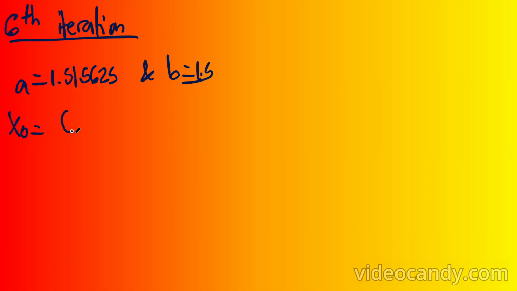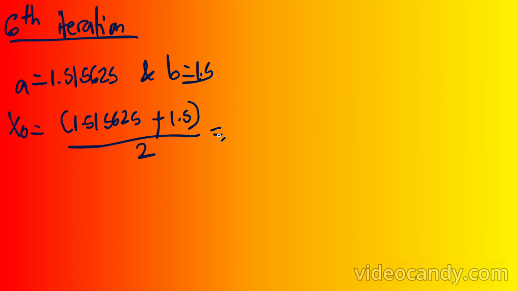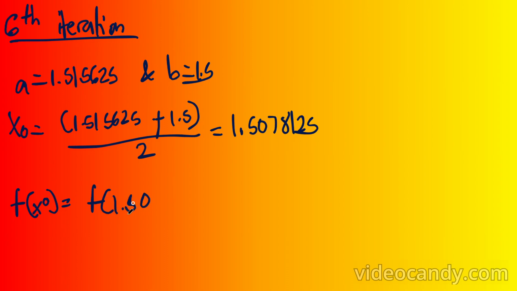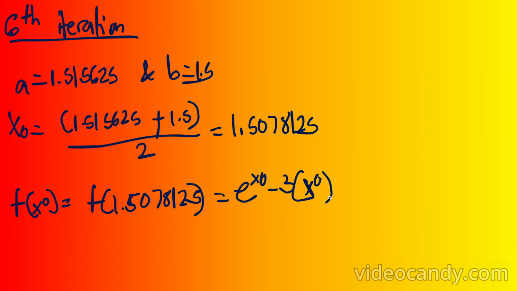So x0 is 1.515625 plus 1.5 divided by 2, then equal to 1.5078125. Okay, f at x0 is x0 cubed minus 3 times x0.